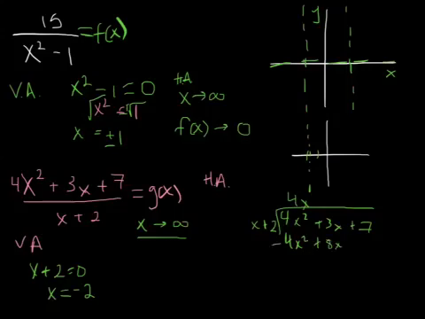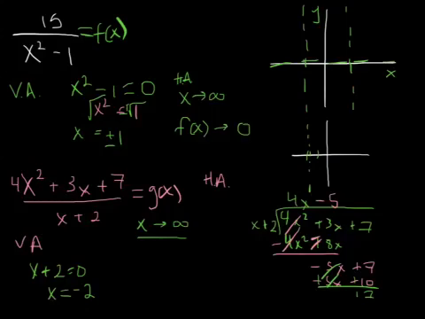I subtract. I'm going to end up with negative 5x plus 7. This will go in negative 5 times. I will get a negative 5x minus 10. I'm going to subtract and end up with 17, or a remainder of 17.